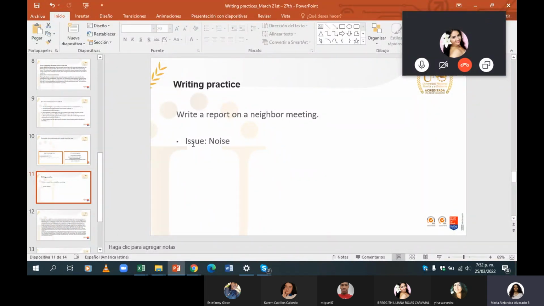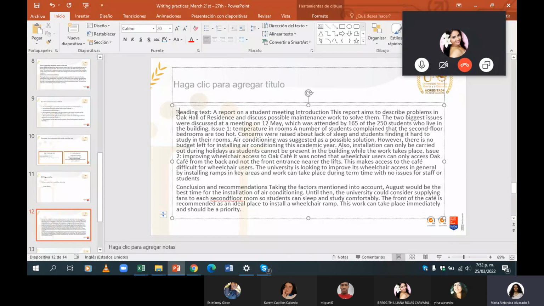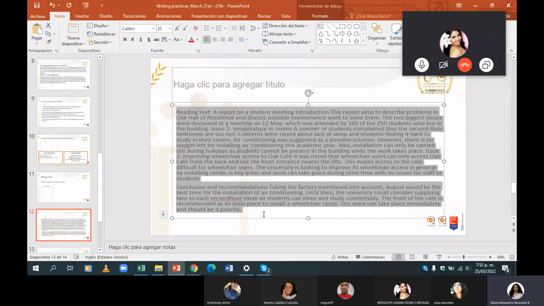Okay, so let's try to do just the introduction of this part because I know that it's quite late and maybe we don't have time. So let's try to do the introduction. Inventen un problema en su barrio de bulla y escriban acerca como un reporte. So here I'm going to set an example in order to do the introduction part.